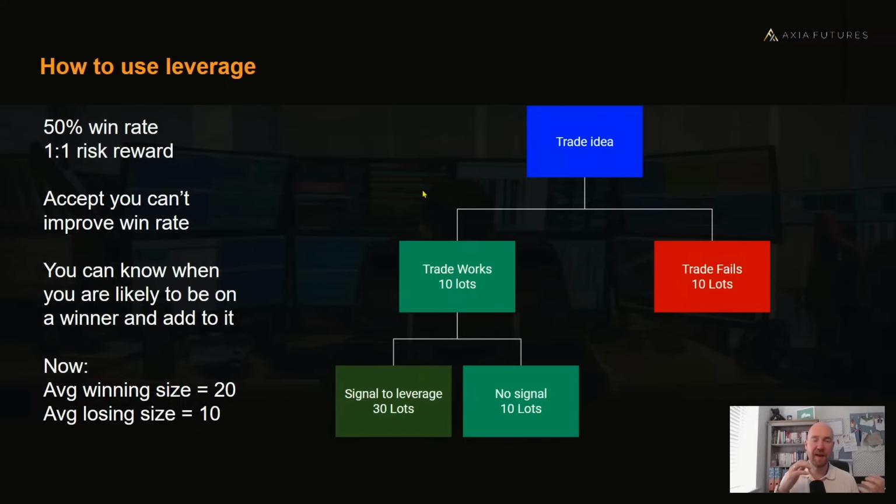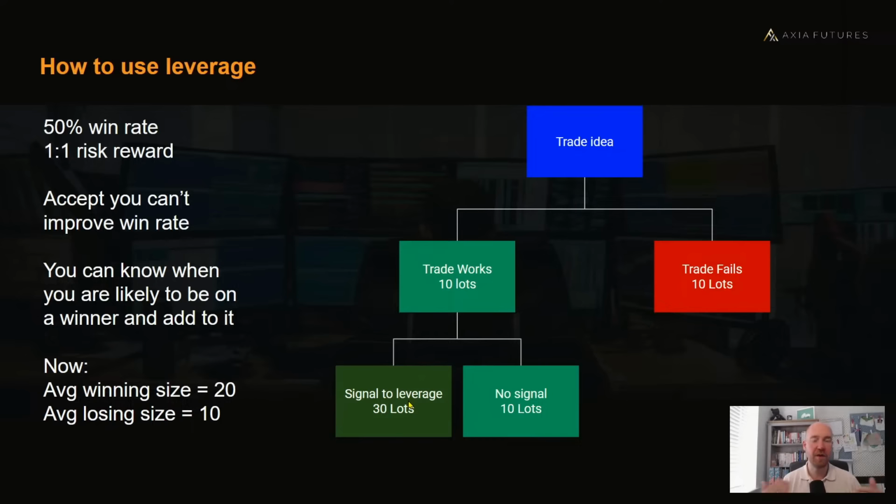What you're able to do then is grab a decent chunk of a move on much more size than you typically would. So let's take, for example, when you get a signal to leverage a trade, you do it with 30 lots, not 10. So when you don't get any signal, the trade runs to target. Great, you get a winner out of the trade. So now, from your initial trade, 50% work and 25% of those give you a 30 lot winner.